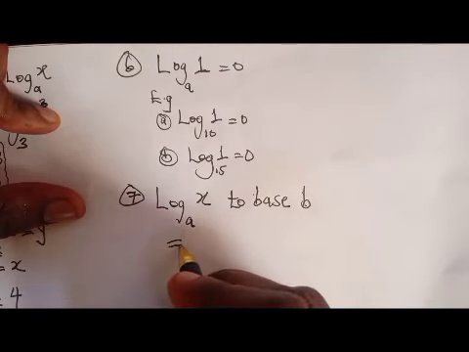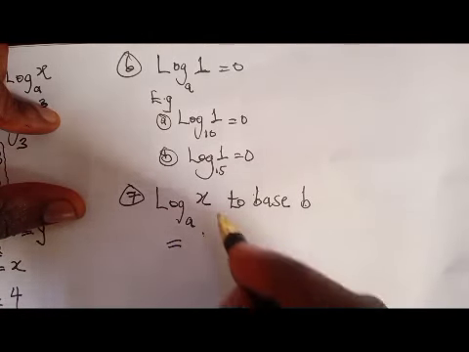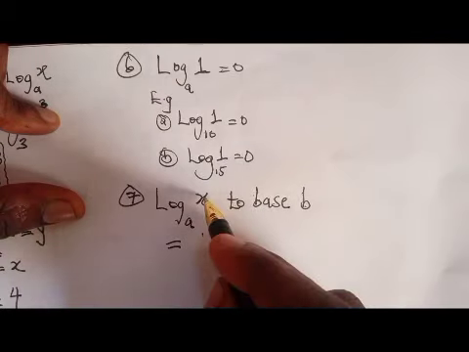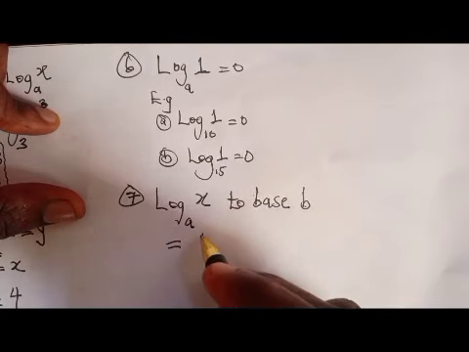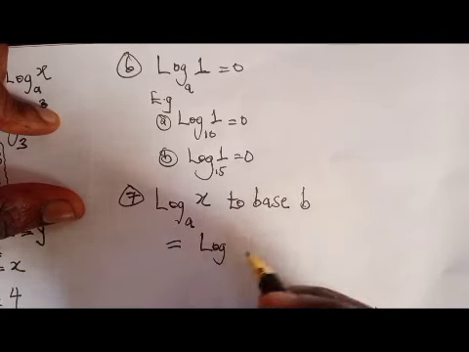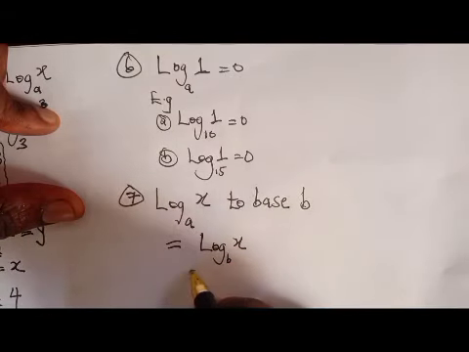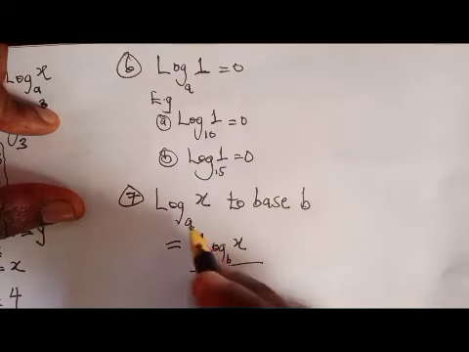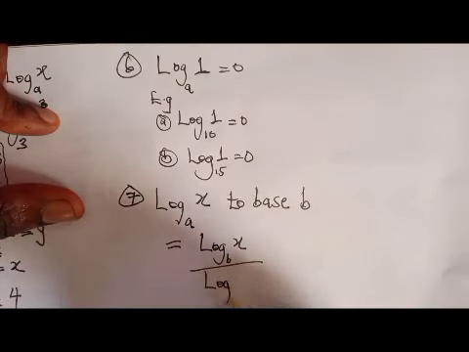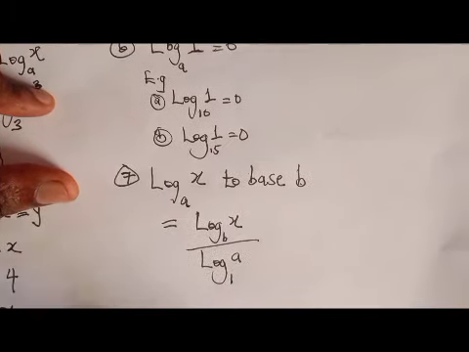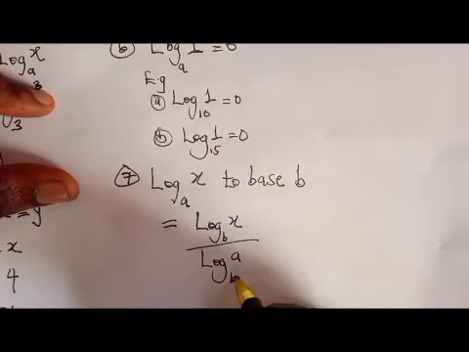This is very simple. All I need to do is pick out both the log and the base. So this gives me log x to base b divided by, now look at the base, log a to base b.